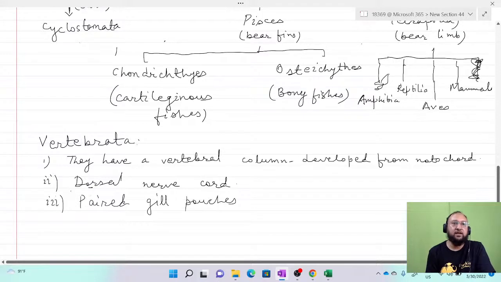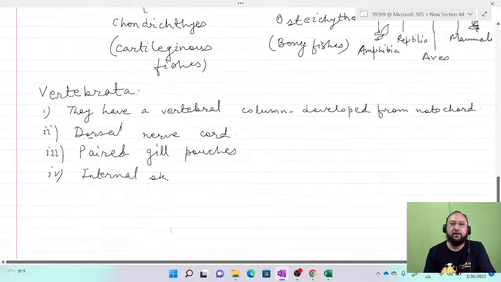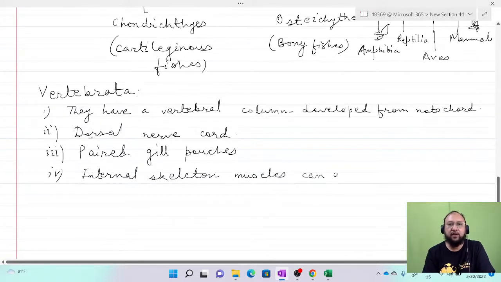Then internal skeleton. This is also an important point: internal skeleton where muscles can attach at various points of the body.